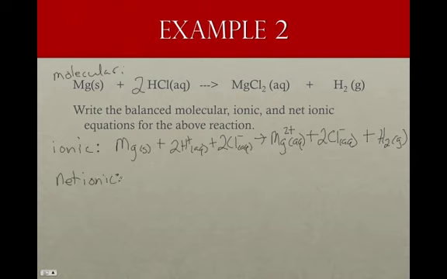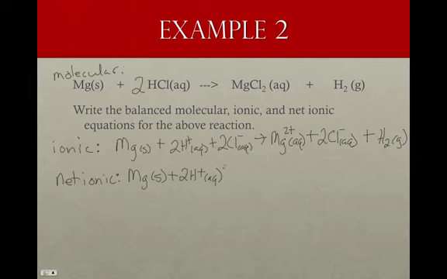And then for our net ionic, we're going to get rid of the spectator ions. And those are the things that appear the same on our reactant side and our product side. So right here in our ionic equation, the Mg solid, well, we have Mg2+ aqueous. That does not match exactly, so we actually need to include that. So we have Mg solid plus the 2H+ aqueous, since H+ forms H2, so we do need to include that as well.